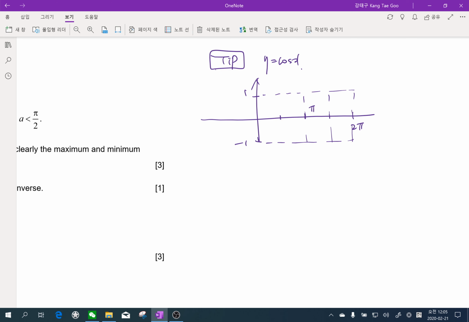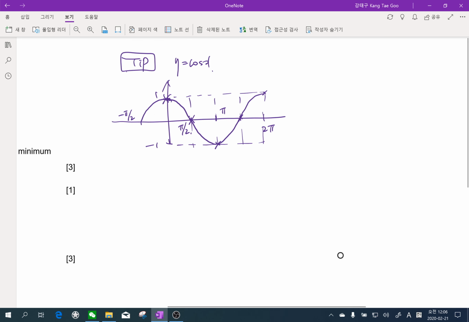The cosine graph starts from 1, goes down, and then goes up, so the graph looks something like this. Here we have pi over 2, and if we extend this to negative pi over 2, it goes down like that, right?